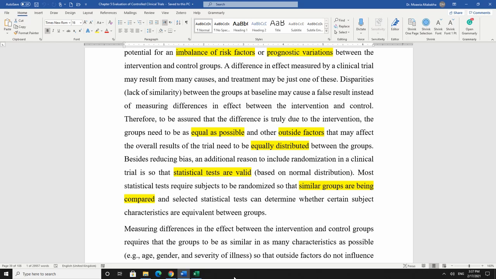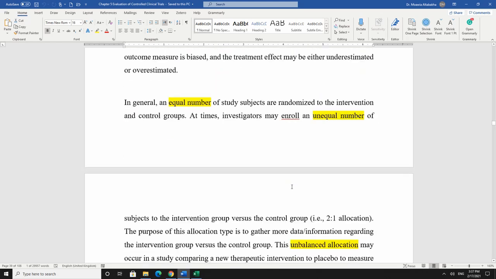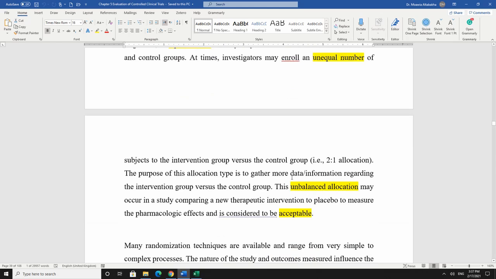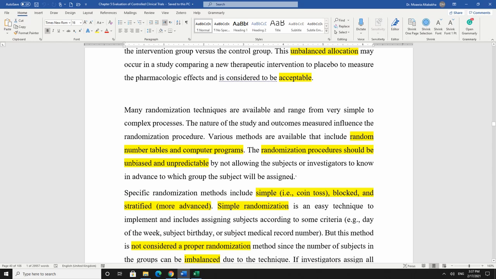The first type of randomization, as I told you, is simple randomization. And sometimes simple randomization is not good enough. It can be done by computer programs, for example. Or you can use a coin: if it is tails, then he goes to group B; if it is heads, then he or she goes to group A. But here you may have imbalance in the number or in the risk factors in the two groups.